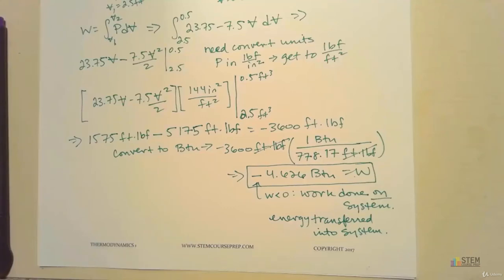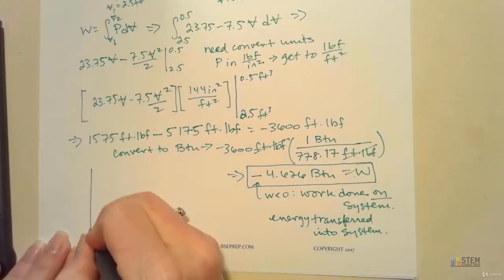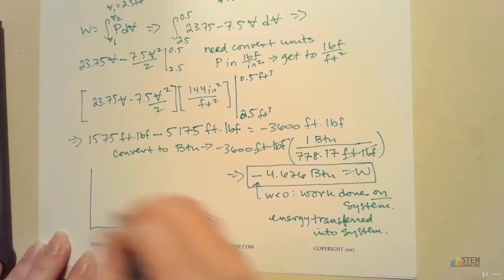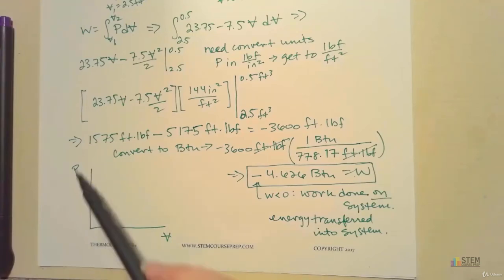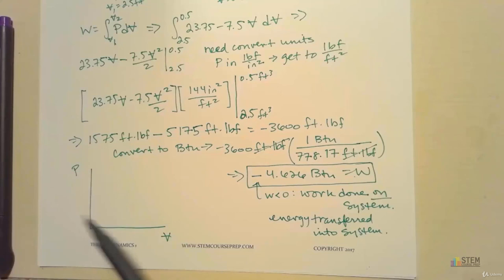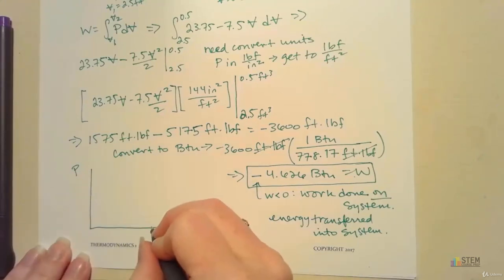Okay, and one more thing I want to show you guys. Let's look at this graph. Sometimes it'll ask you to draw something on PV coordinates. So that's just wanting basically a 2D drawing where we have pressure in the vertical axis, volumes on the horizontal axis, and you're just going to label your states.